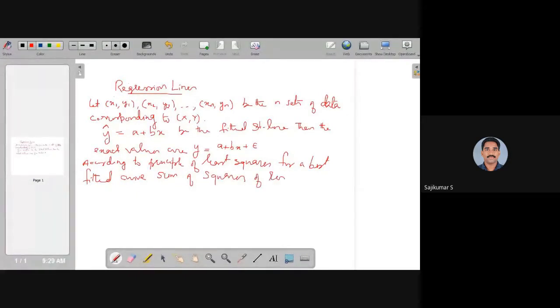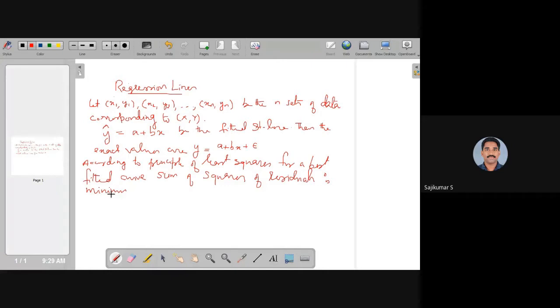So this is the principle based on which we are finding the parameters of the straight line, a and b. a is the y-intercept, and b is the slope of the straight line.